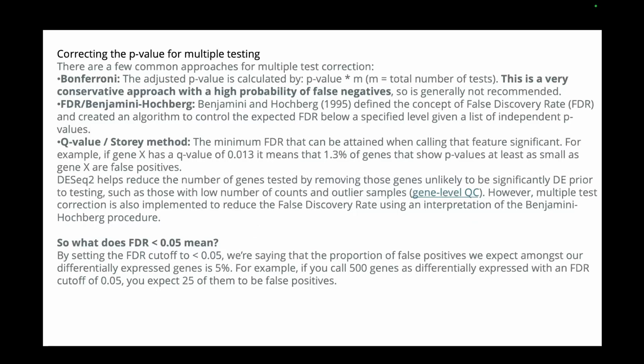In these cases, we have a few approaches for multiple test correction. Of them, the Bonferroni correction is one of the most widely used. The Bonferroni threshold is also used in GWAS. If you remember from the initial few classes, we talked about genome-wide association and how we do GWAS.